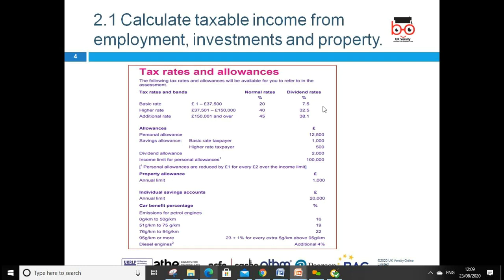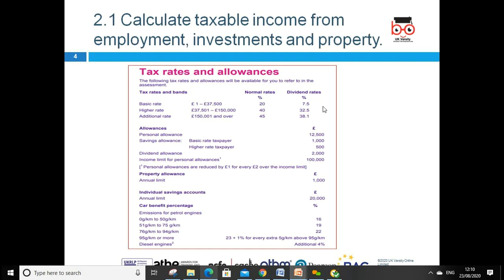That's why when we do tax planning, we can say okay, we'll pay the dividend instead of salary. That will help you reduce the tax, 7.5% instead of 20%. For the higher rate band, if your earning is more than 37,500, then you have to pay tax of 32.5%.